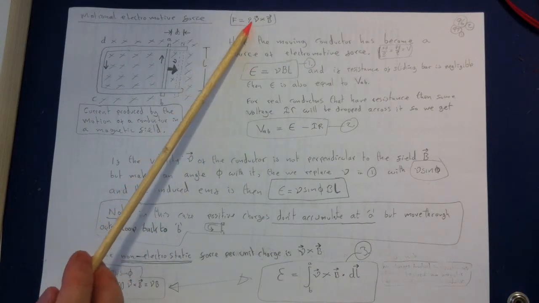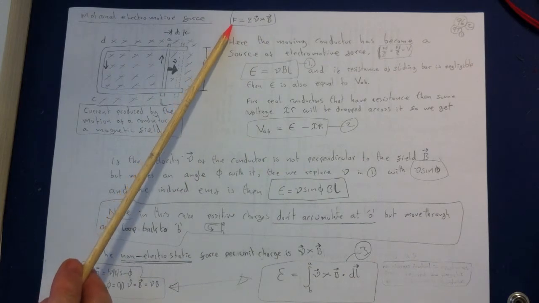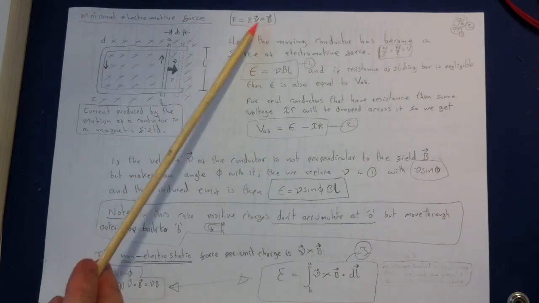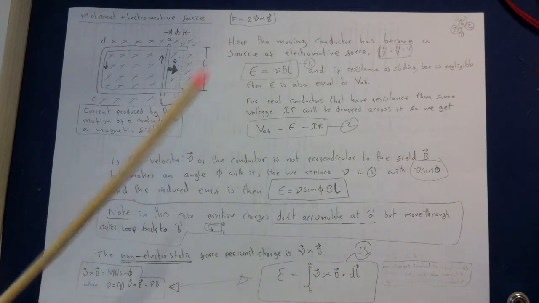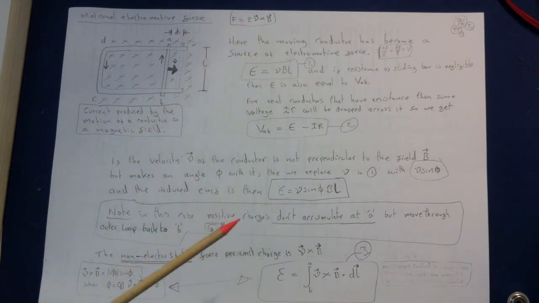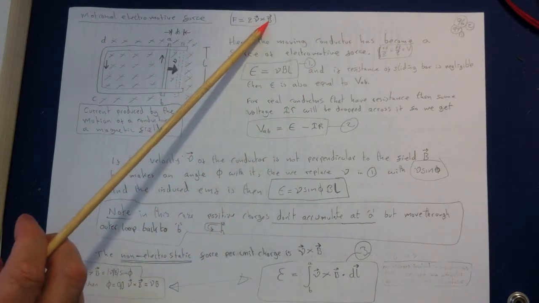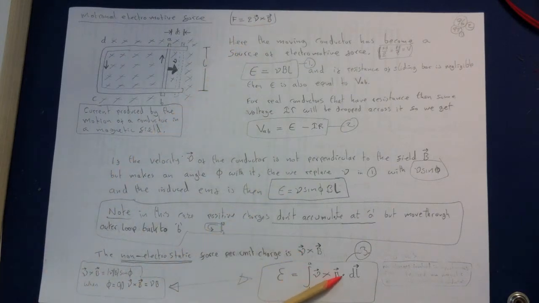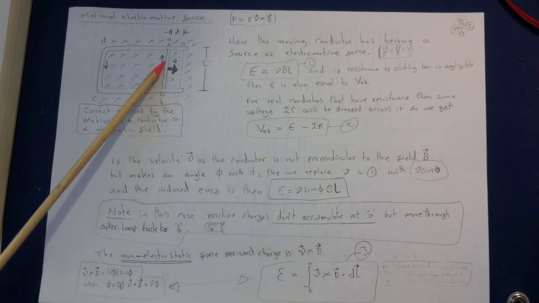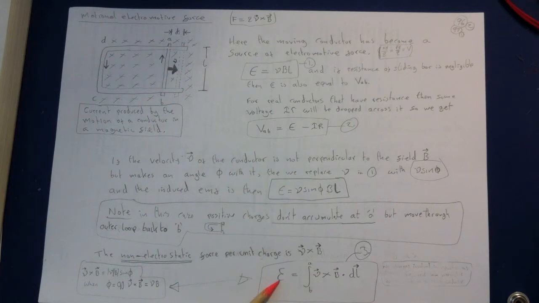So all we want to do is take this equation, divide it by a charge and multiply it by a length, and you've got a voltage. If we divide through by the charge, we end up with v cross B, and multiplying that by the length, the component of this vector along the length here, is the equivalent of the EMF. So if we calculate the integral of v cross B dot dl between A and B, we have the equivalent potential difference between A and B.